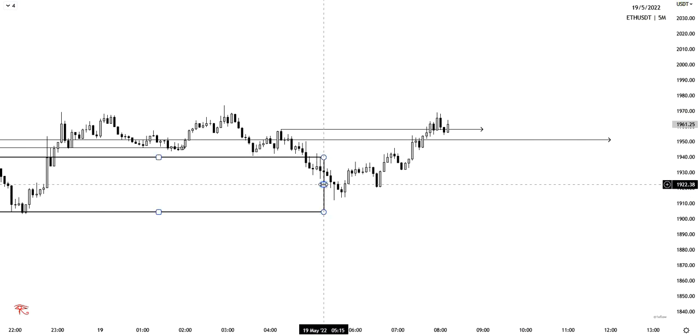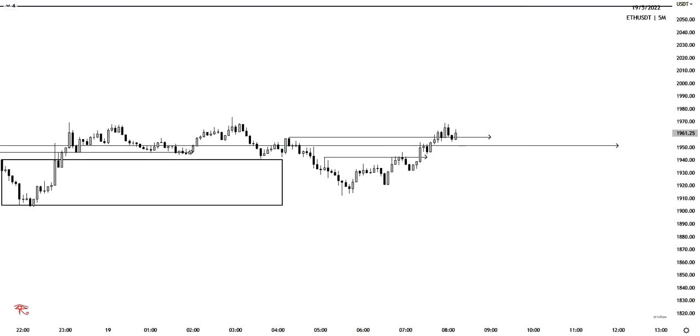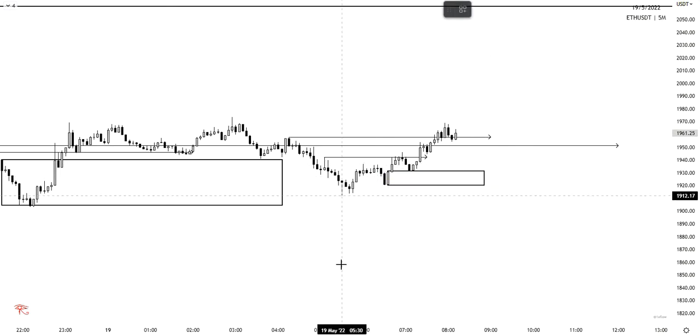High that caused a new low. Let's get rid of this to make this simpler for you guys to see. Break of structure to the upside here, as well as here, right? We can see this high that was taken out.